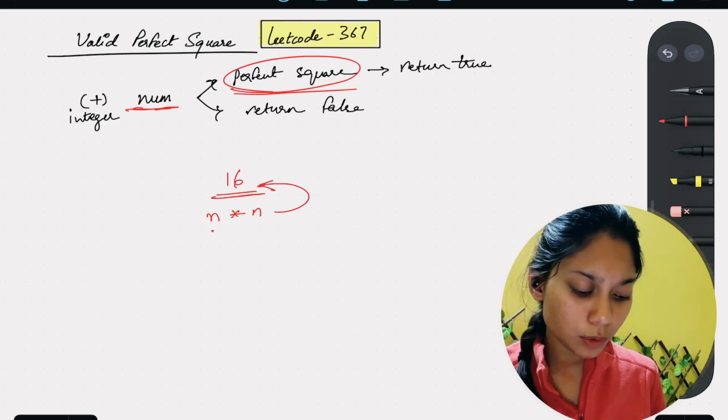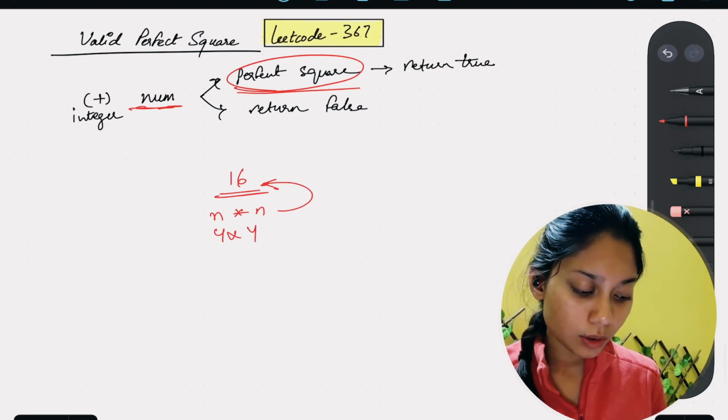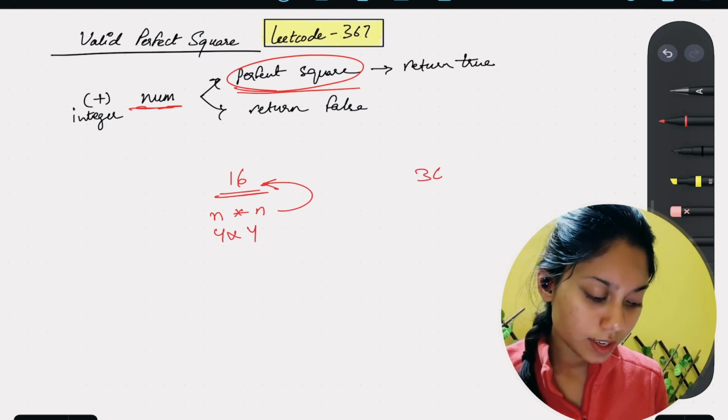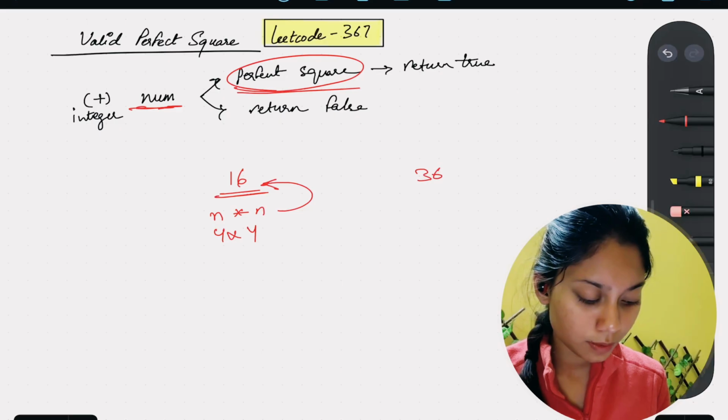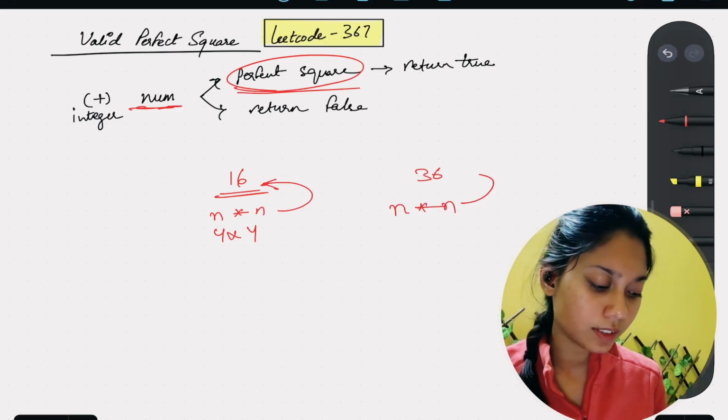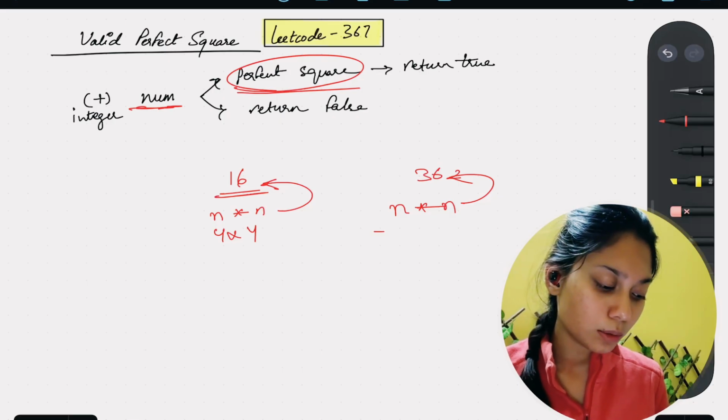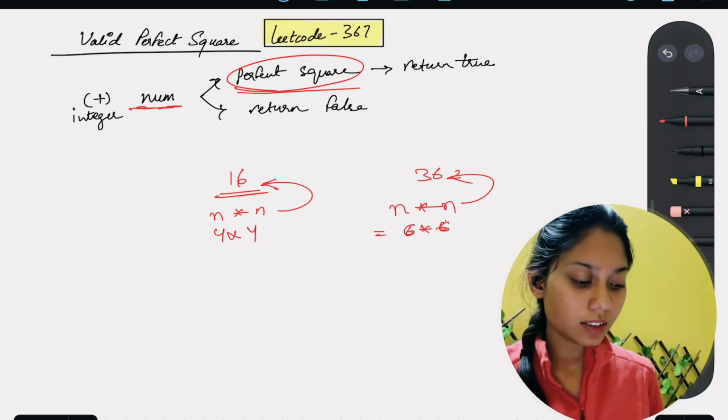So we know that 4 times 4 is 16, and also we have 36. There is a number that gives 36 on multiplying by itself, that is 6, because 6 times 6 is 36.